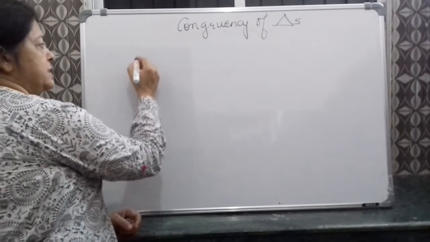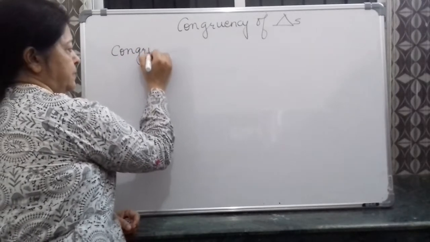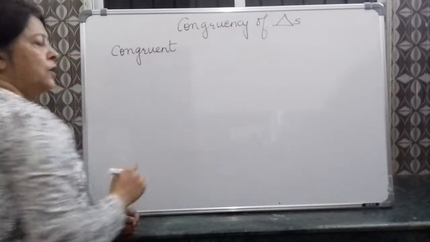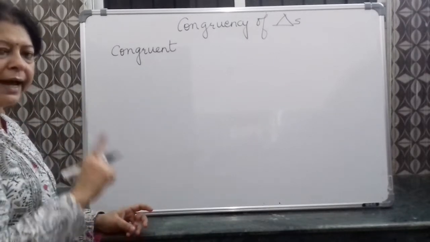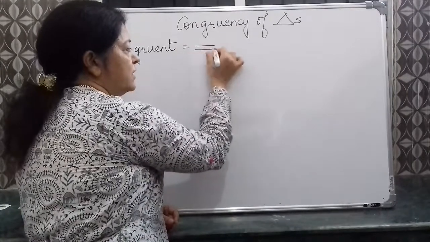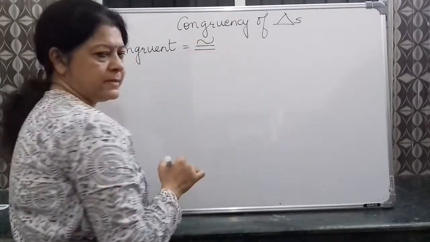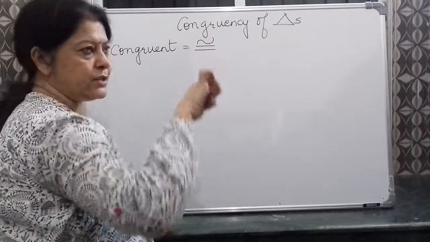So in congruency, you are using the word congruent. Congruent figures are those figures which have the same shape and the same size. To this we have a sign which is like this, an equal to sign with a sleeping S on it, an upside-down S on it.